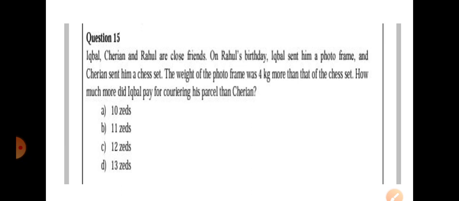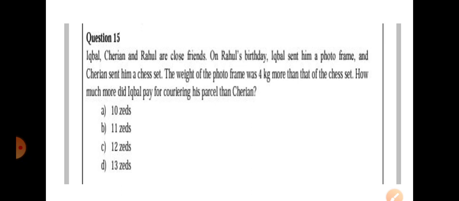Iqbal, Chareen and Rahul are close friends. On Rahul's birthday, Iqbal sent a photo frame and Chareen sent him a chess set. The weight of the photo frame was 4 kg more than that of the chess set. How much more did Iqbal pay for couriering his parcel than Chareen? Now what is given in the statement?